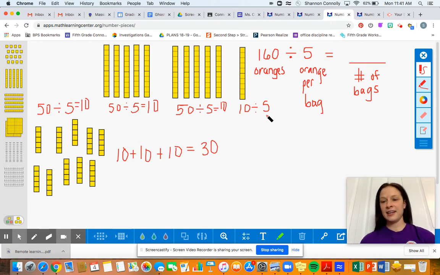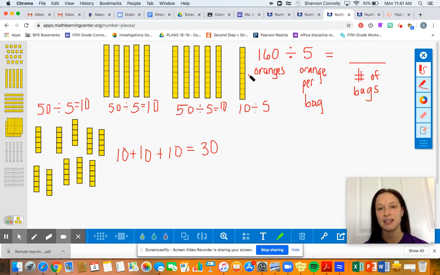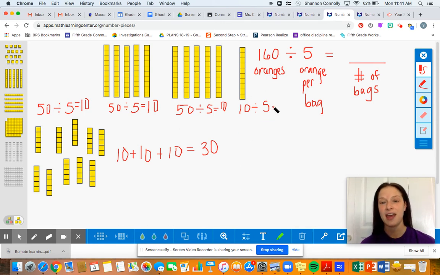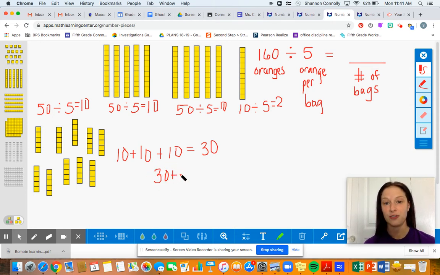And then I just have the last 10 over here. And you're probably saying, I know 10 divided by 5 is 2. So I know that 150 divided by 5 is 30, and 10 divided by 5 is 2, so we have 32.